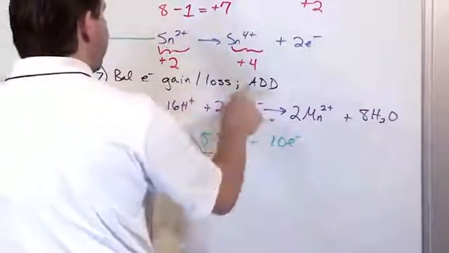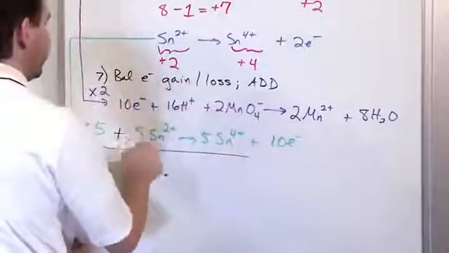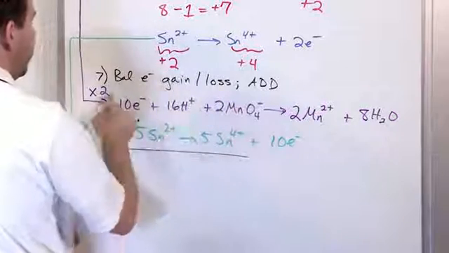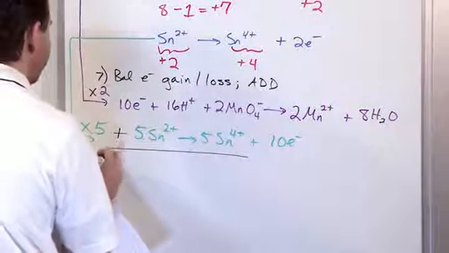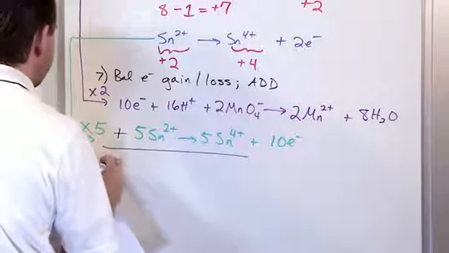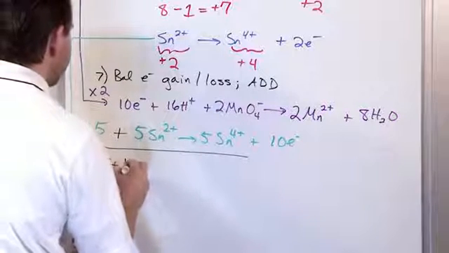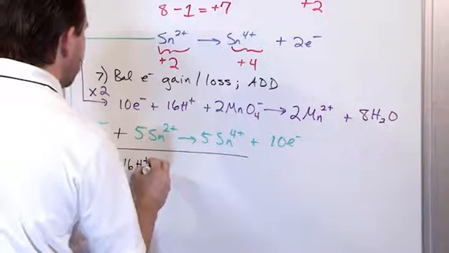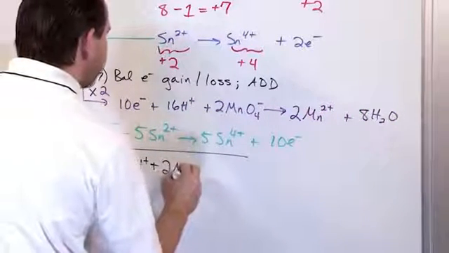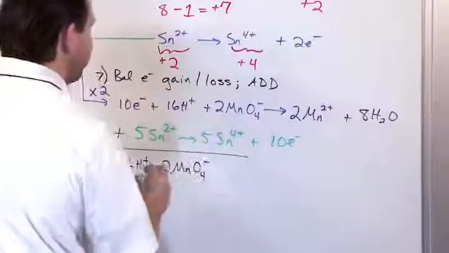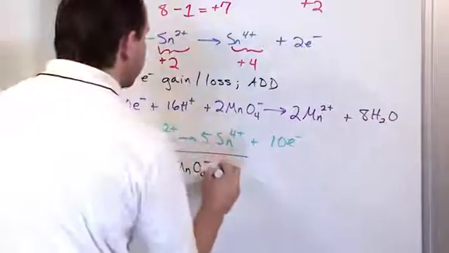So I add them. Everything on the left-hand side of the arrow, actually this is all that's over here, so everything here is what I'm going to write down. So I'm adding these together. I'm going to have 10 electrons plus 16 hydrogen ions plus 2 permanganates, MnO4, charge -1. Then I have 5 Sn.